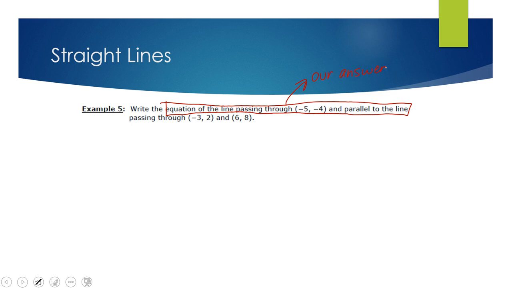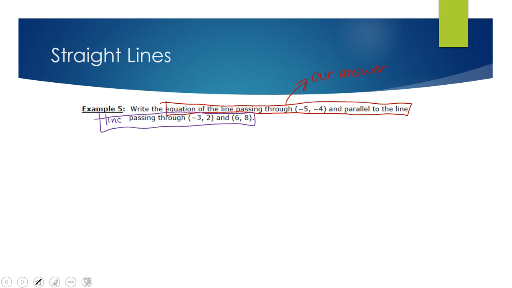Now I need to know what the other line is, so I want to use a different color here. There we go. But we have a line that passes through this as a second line. We need to know information about this second line to find information about our line.